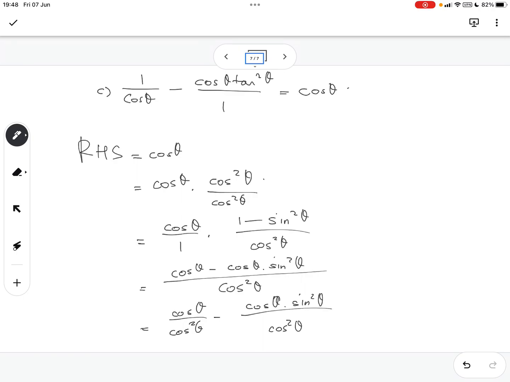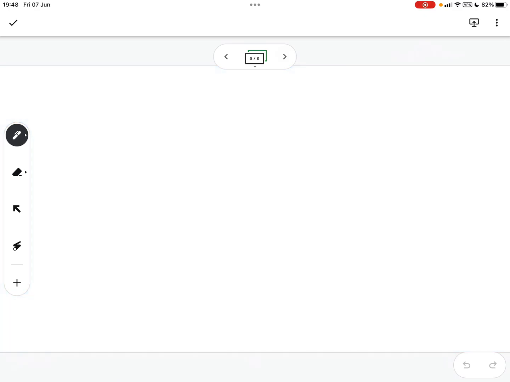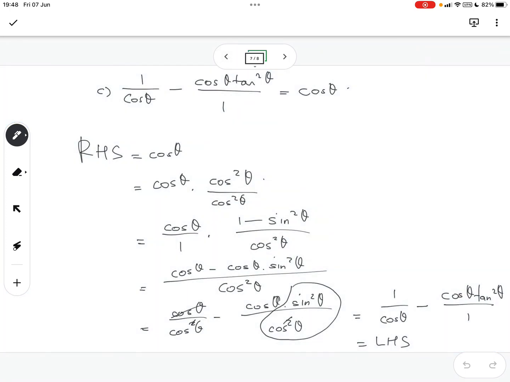And then I have cos theta over cos squared theta minus cos theta times sine squared theta over cos squared theta. That's what we get. Then these divide like that, and this is tan. So this then becomes 1 over cos theta minus cos theta tan squared theta over 1, which equals left-hand side. Do you see that?